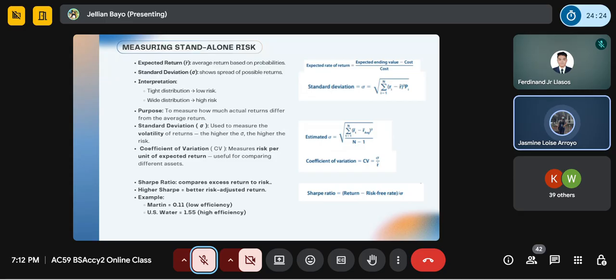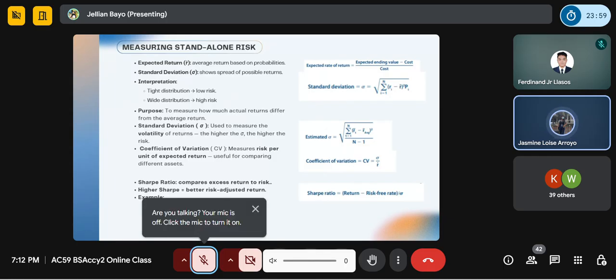For measuring standalone risk, we have the expected return, which is the average return, then the standard deviation, which shows the spread of possible returns. Its interpretation: a tight distribution equals low risk, a wide distribution equals high risk. Again, the higher your standard deviation, the higher your risk.